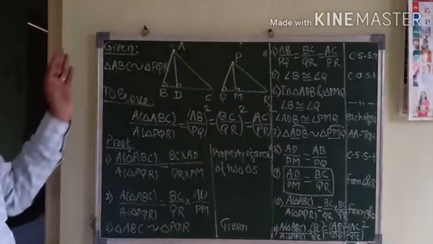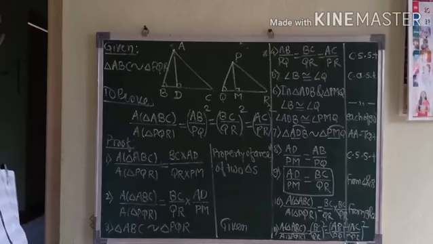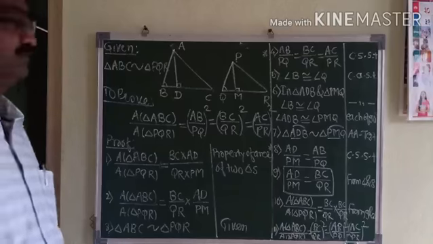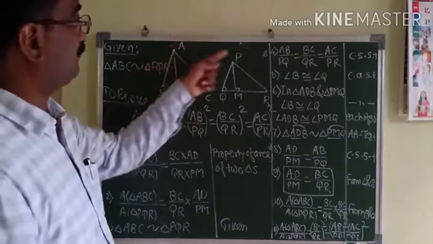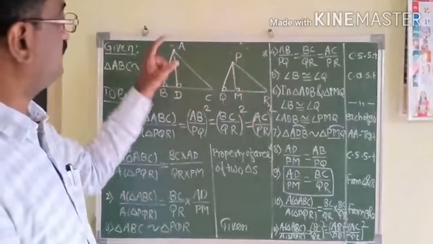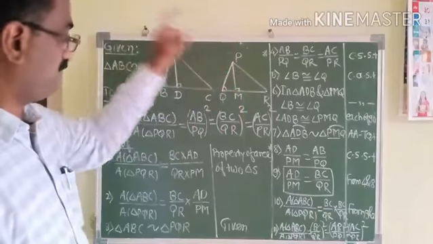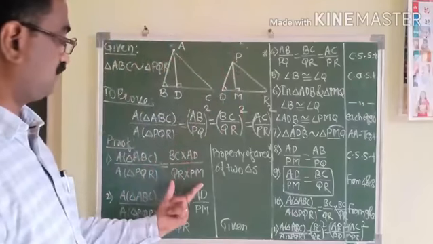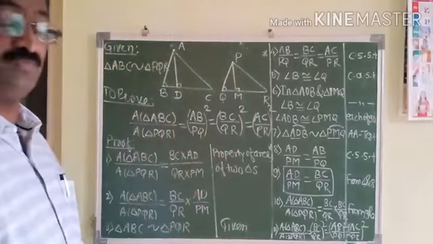So in this manner we can write the proof. Very simple. Area of triangle ABC upon area of triangle PQR is equal to what? BC into AD upon QR into PM. Property of areas of two triangles.